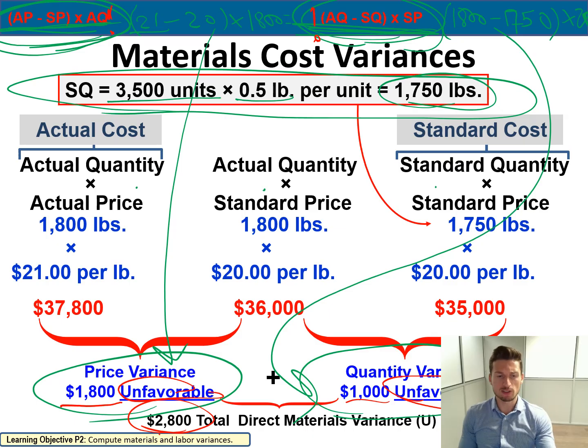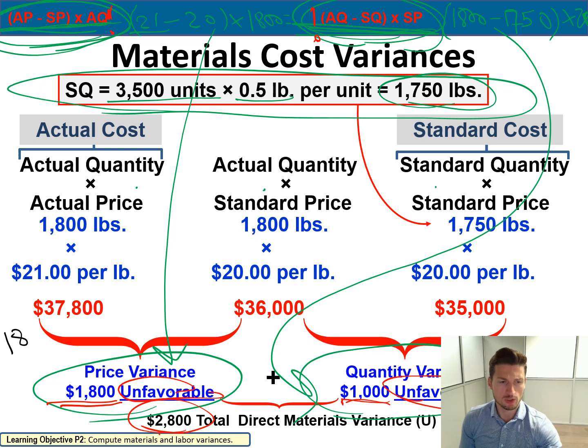For example, if in this case 1,800 was unfavorable and 1,000 was favorable, the final total direct material variance will be 800 favorable. Why? Because if in this case 1,800 is favorable, let's change the color because red on red doesn't go very well. Let's use black.